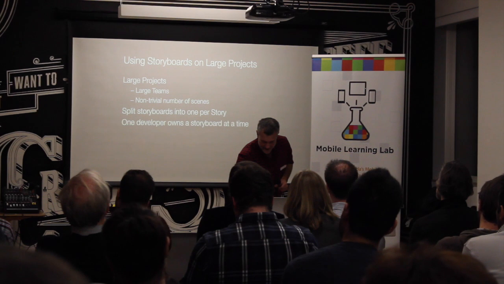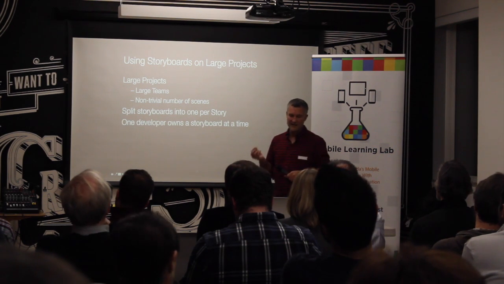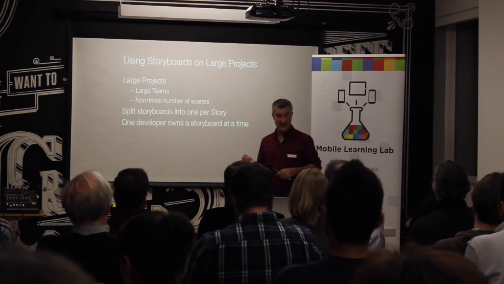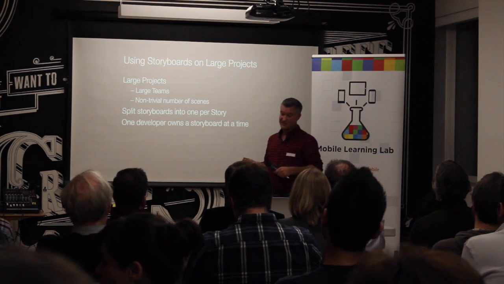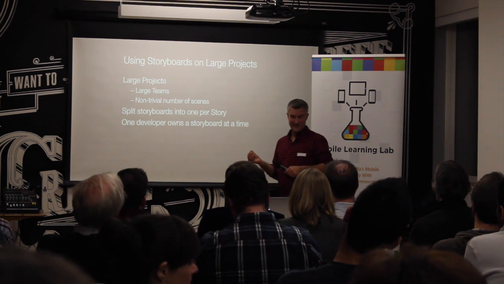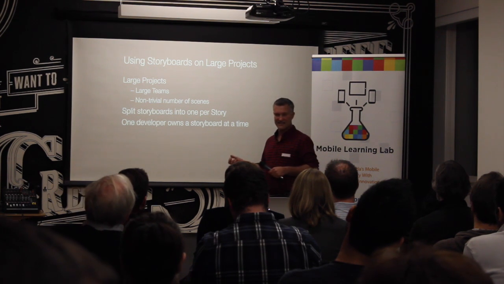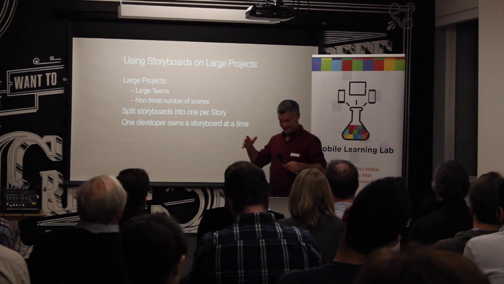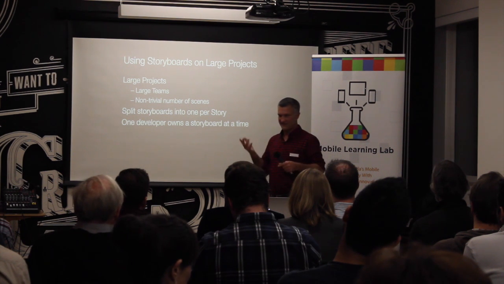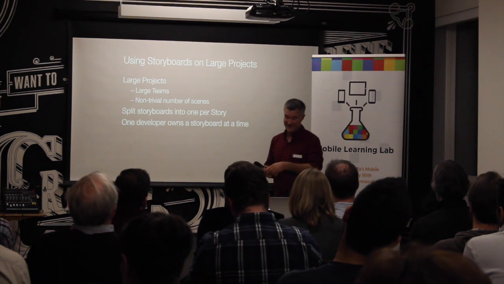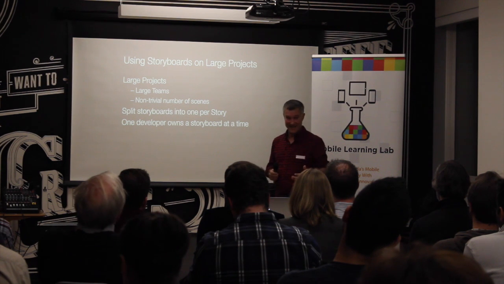The other thing that you can do is make it so that one developer owns a storyboard at a time. And in smaller shops, this should be possible. In larger shops like banks, where I spend most of my time, everybody is working on every piece of code at once, everybody's working at once on the same thing.